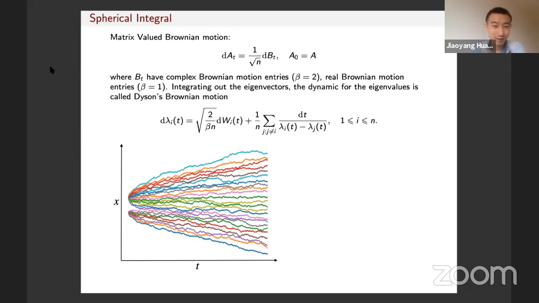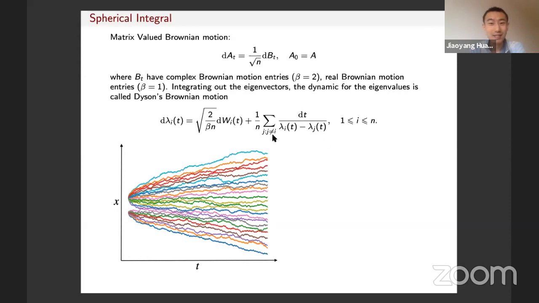Here is a plot of the Dyson's Brownian motion if you start from a matrix A which has eigenvalues concentrated at two points. You can see that it just spreads out. As you can see from this simulation, those paths do not intersect with each other. This is because of the drift term, 1 over lambda i minus lambda j.